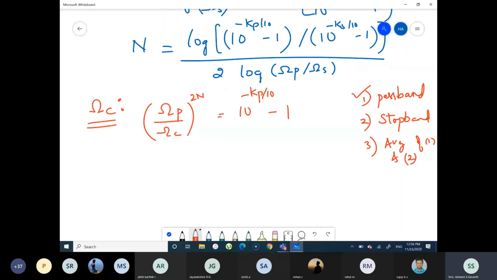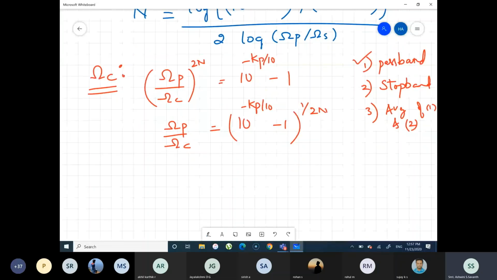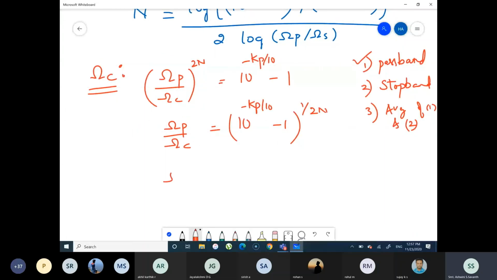Yes. First write down what is omega p by omega c. It is 10 raised to the power minus kp by 10 minus 1, whole raised to the power 1 by 2n. That power 2n, I bring onto the other side. So from this, what is omega c? You take omega c onto the other side.